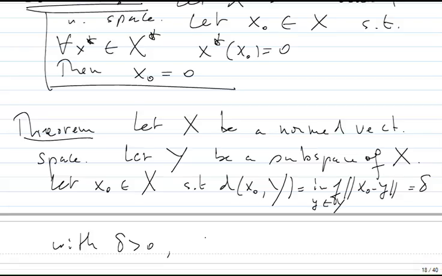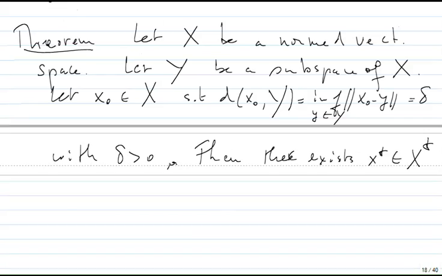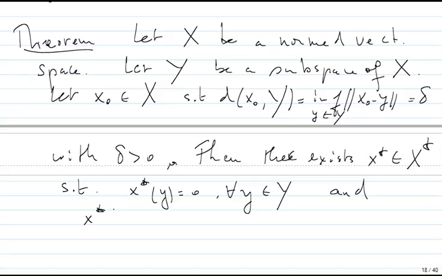Then there exists x star in the dual space such that x star of y equals 0 for any y in Y, and x star of x0 is equal to delta, with the norm of x star equal to 1.